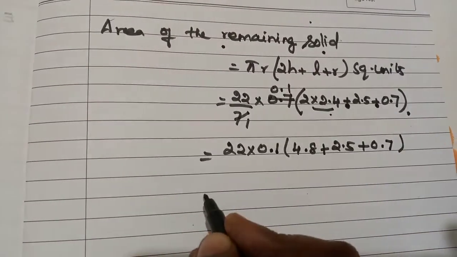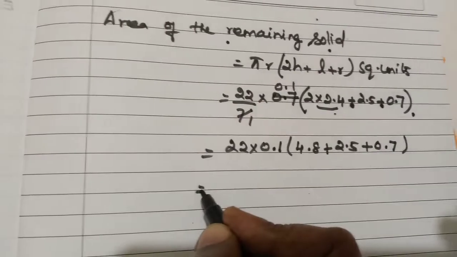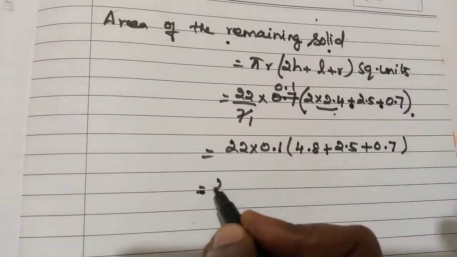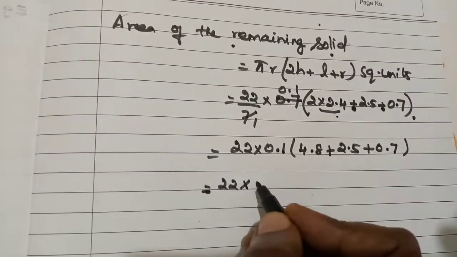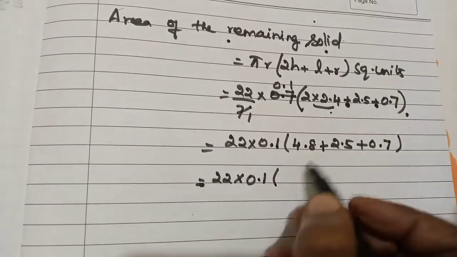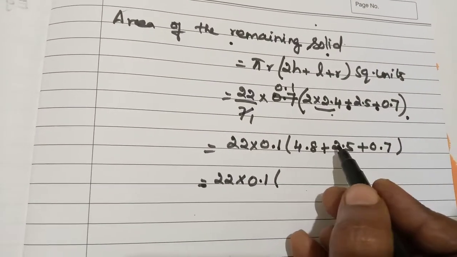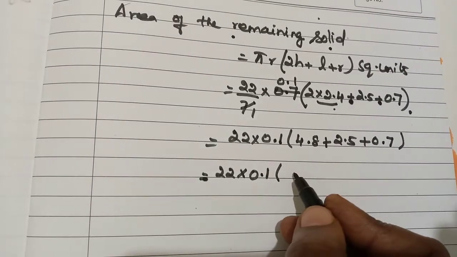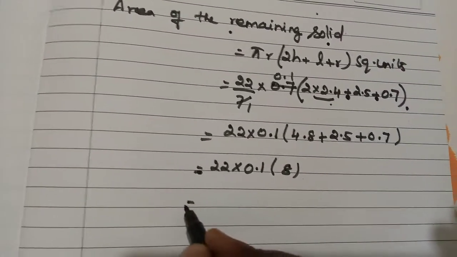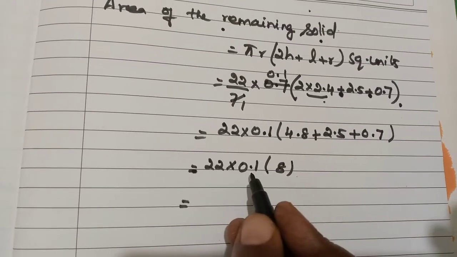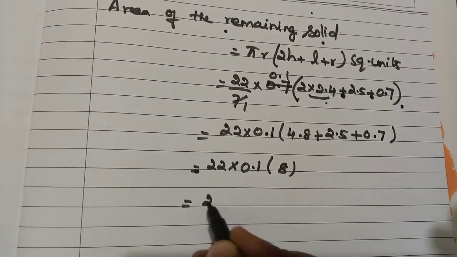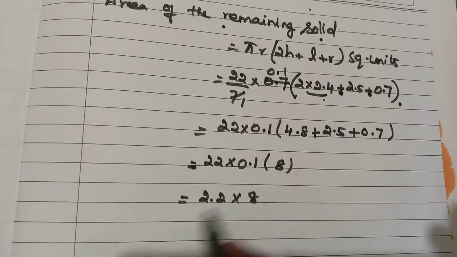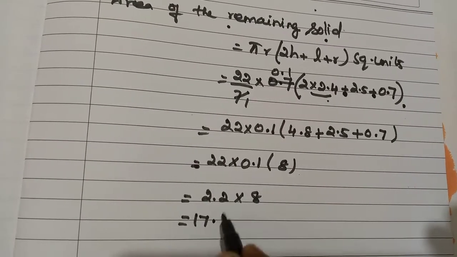Which is equal to 22 into 0.1 into, when these values are added, we get 7.3, 8. So 22 into 0.1 is 2.2, into 8, which is equal to 17.6.